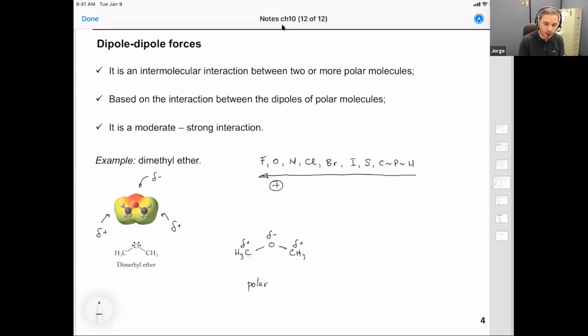This is not a charge by itself, a well-defined charge, but it's something very close to that. So therefore, the negative part of the molecule will interact with the positive part of a neighbor molecule.